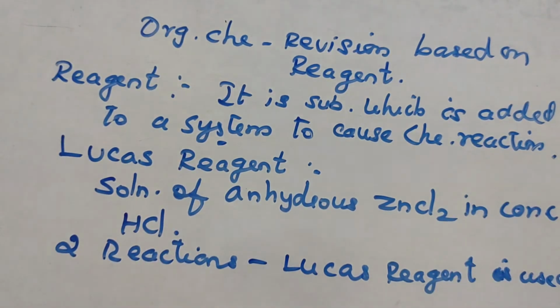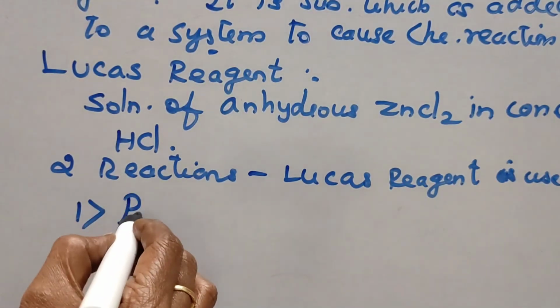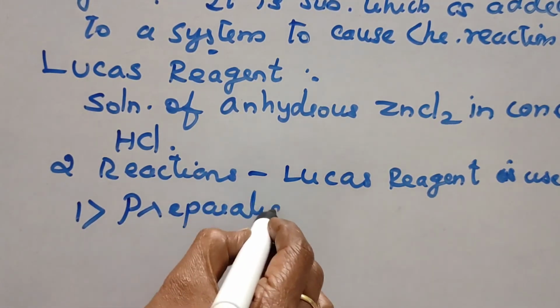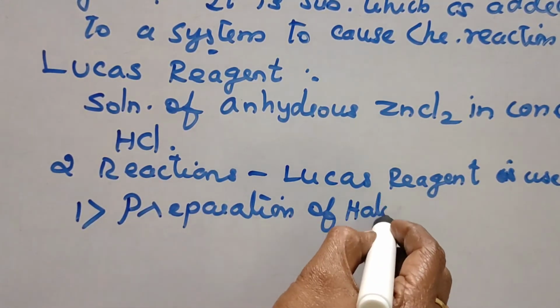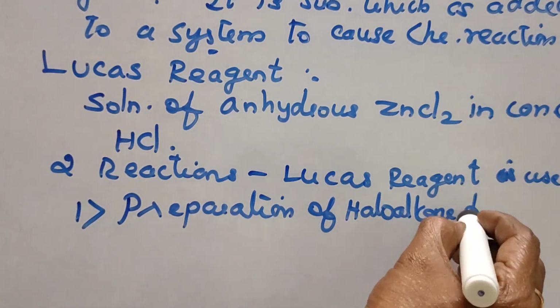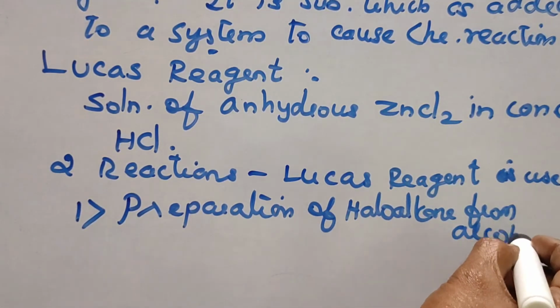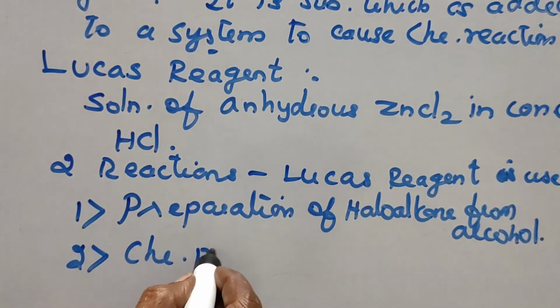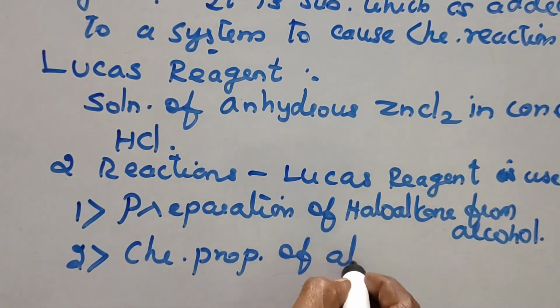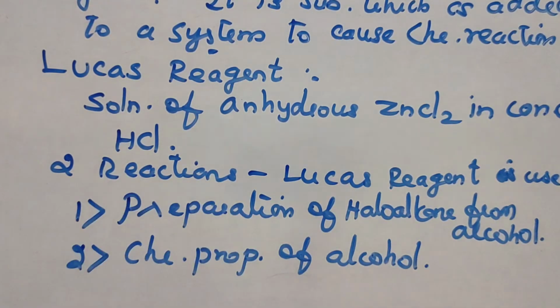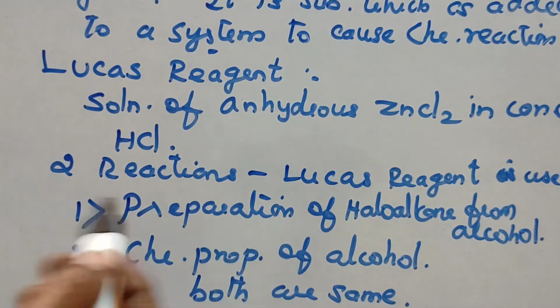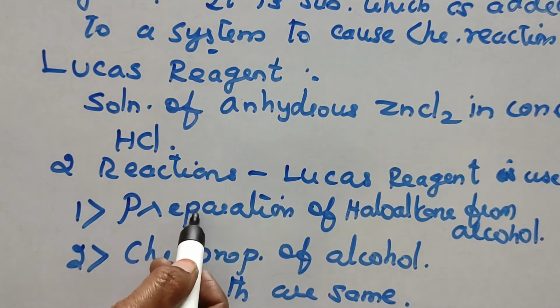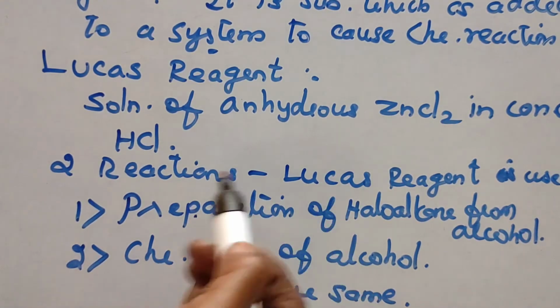What are those two reactions? First one, preparation of haloalkanes from alcohols. Second one, chemical properties of alcohol. But both the reactions are the same. Here also alcohol is changed into haloalkane.